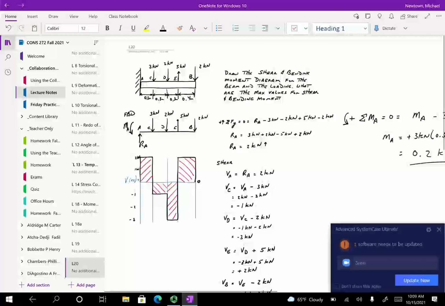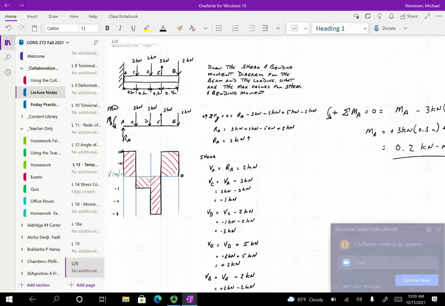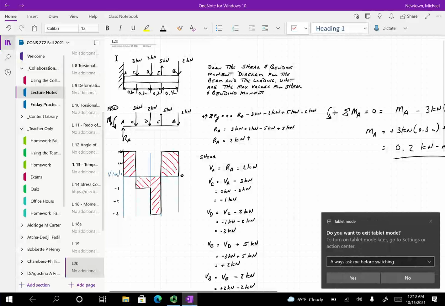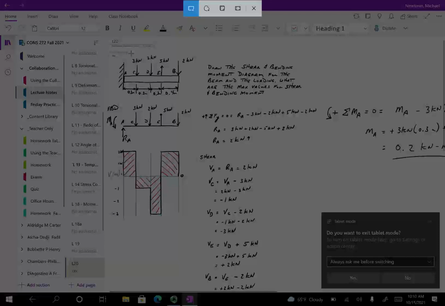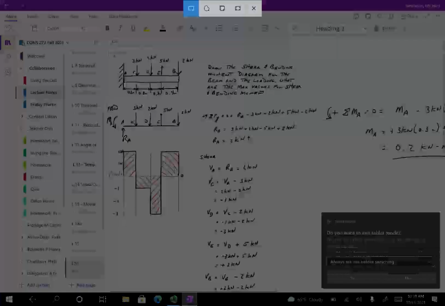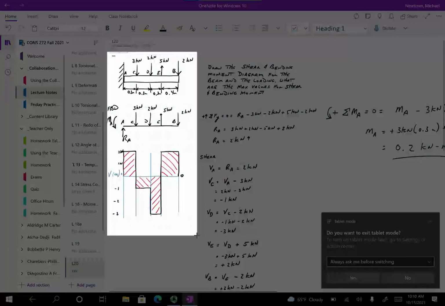I think the easy way to do this might be to snip this piece. Bingo.